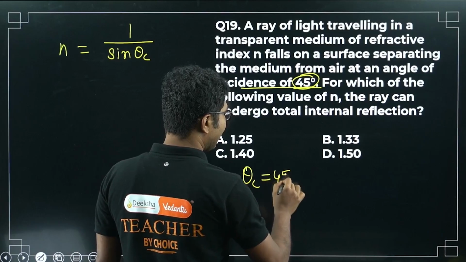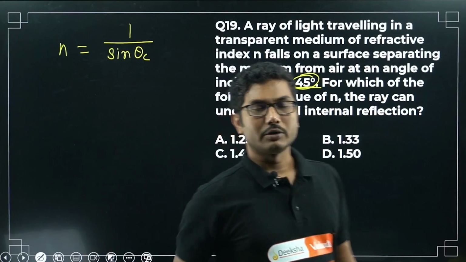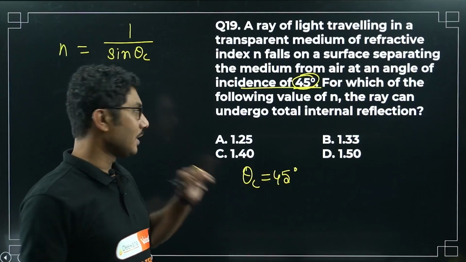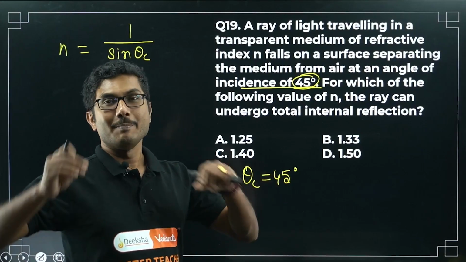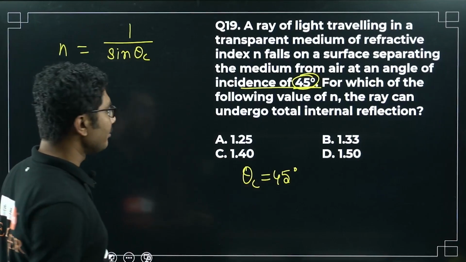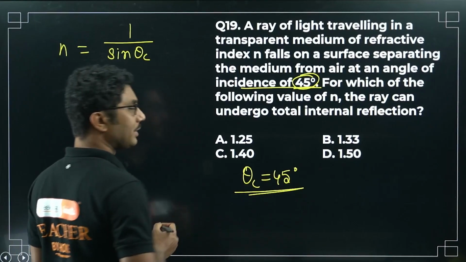If any ray has to suffer total internal reflection at an angle of 45 degrees, then this should be the minimum value, the critical angle. It should be slightly more than the critical value, but you can consider this angle to be the critical angle.